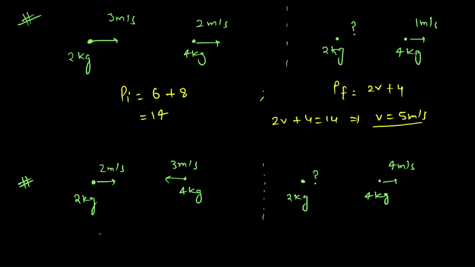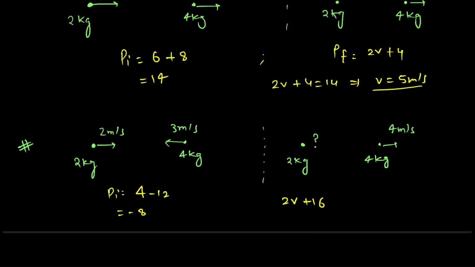So that's 2V plus 16 is equal to -8. 2V is equal to -24, and V is equal to -12 meters per second. So it goes backwards 12 meters per second. All right, at least this makes practical sense that it has to go backward. Both of them change the direction, so it will be minus 12 meters per second. All right, very good. Next question, let's try a couple of word problems now from the book.